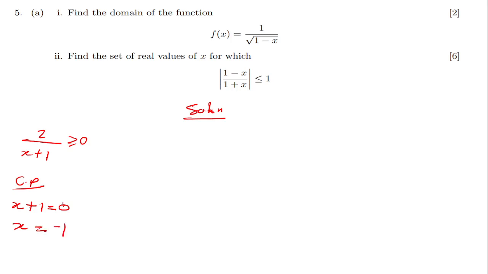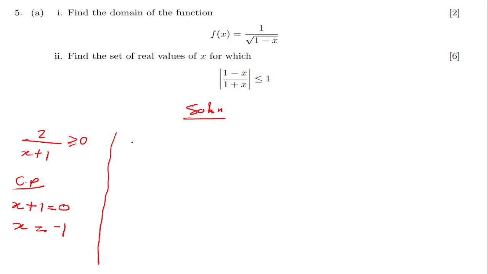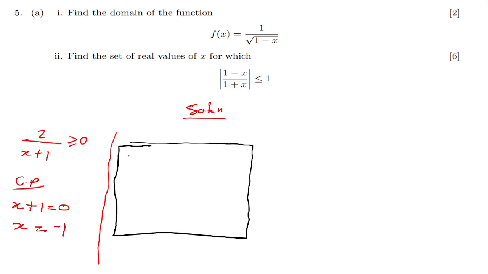So from here, what you have to do is as follows. You can use the table. Now this time around, the table won't look the way it always looks, because it only has one single critical point.